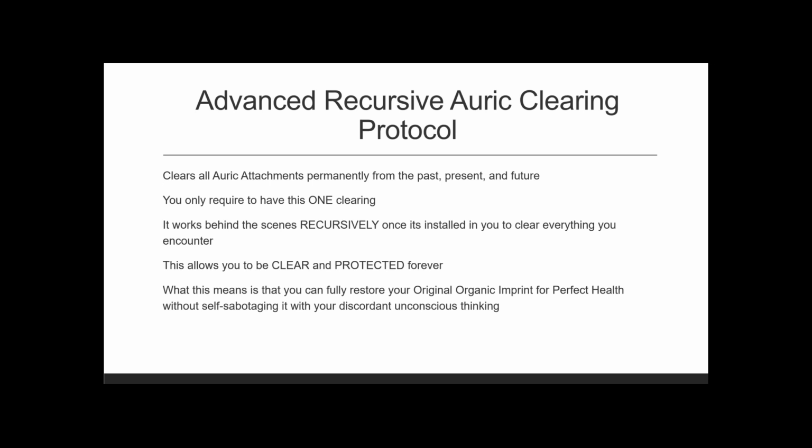Now, what this means for your health is that you can fully restore your original organic imprint for perfect health without self-sabotaging it with your discordant unconscious thinking, because that's what has happened in the past.